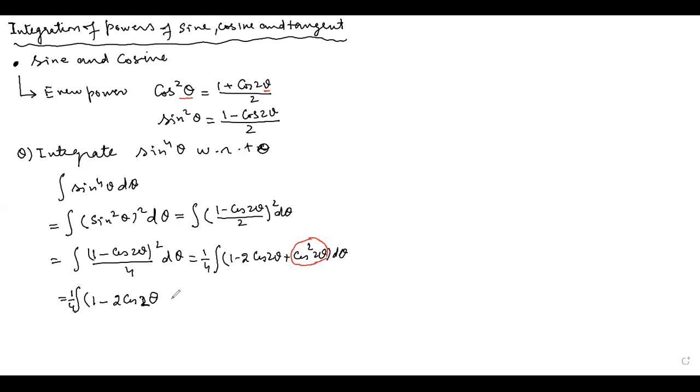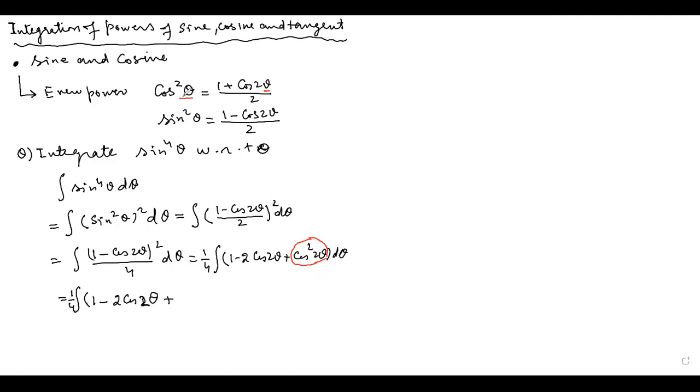Okay. Now, if I will put a at the place of theta, then the formula is cos square a is equal to 1 plus cos 2a over 2. Is this clear? If I will put here x, then cos square x is equal to 1 plus cos 2x over 2.